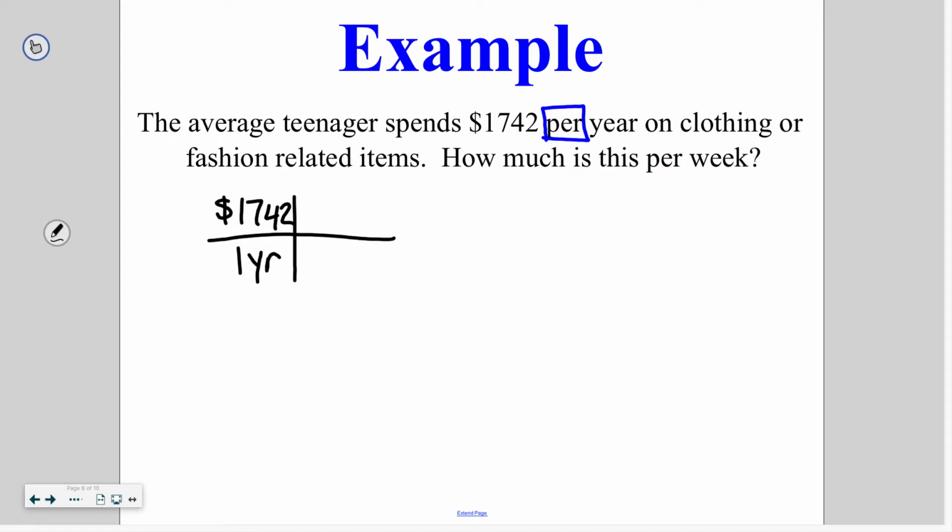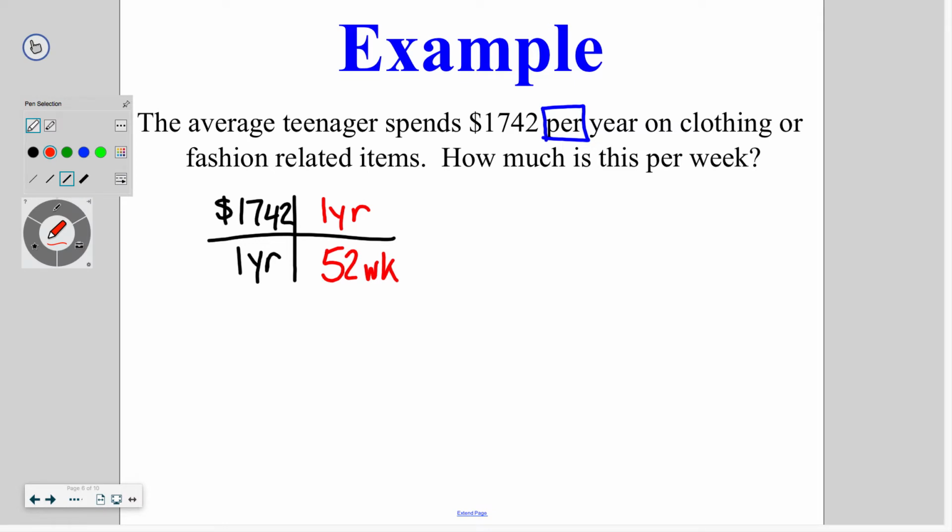Now we're trying to change how much is this per week. We're not trying to convert dollar amounts into anything, but we are trying to get years into weeks. If you look at the top of the chart, I tell you that in 1 year, there are 52 weeks. Notice how, again, my units are lined up diagonally from one another so that they can cancel out. Now, we have dollars per week, which is what we want for our final answer.